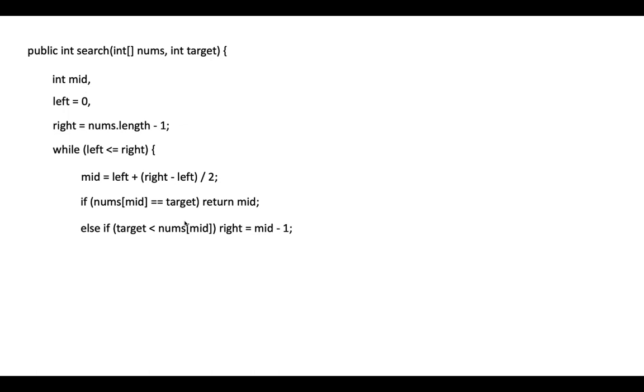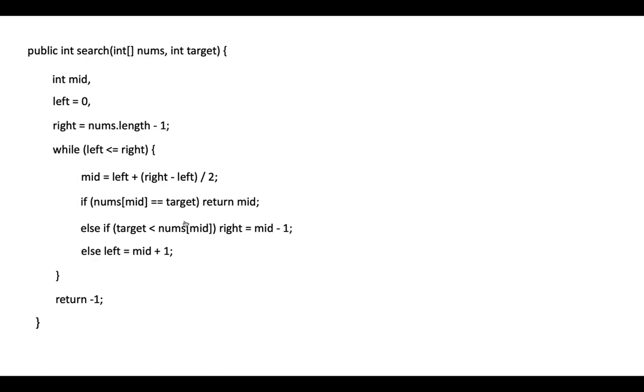So it would be 1 less than the mid. And then otherwise we're going to take the left side and remove it and make it equal to mid plus 1. And that is pretty much the meat behind a binary search. And if we don't find anything, then we return -1.